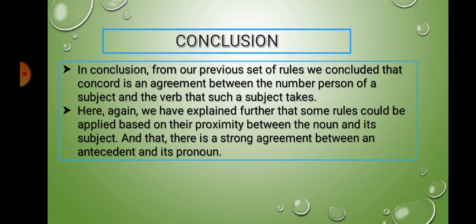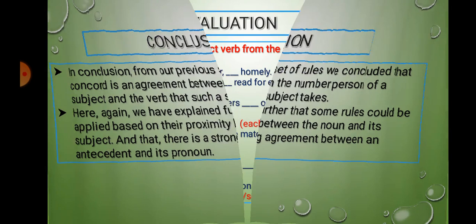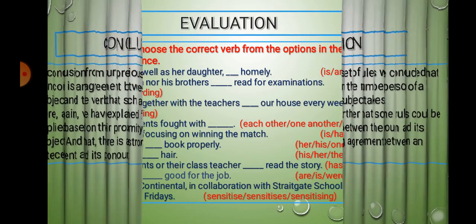Good. In the next slide is our evaluation questions, and after that, we move to the last slide where the instruction about the evaluation questions is going to be looked at. So let's ensure we watch to the end. Okay, our evaluation questions.